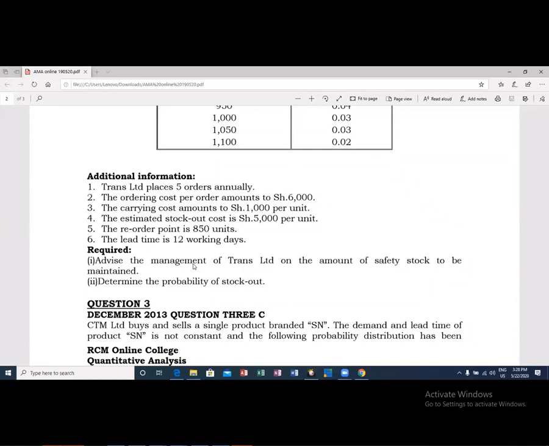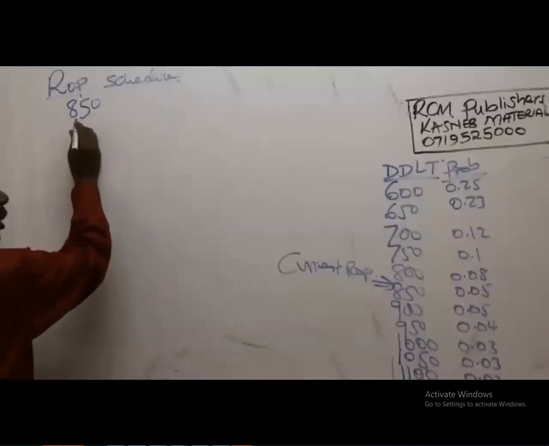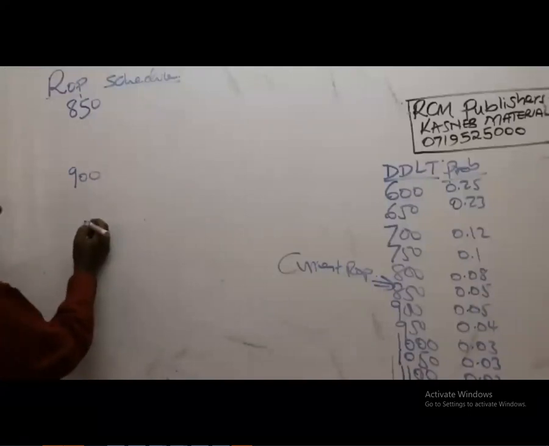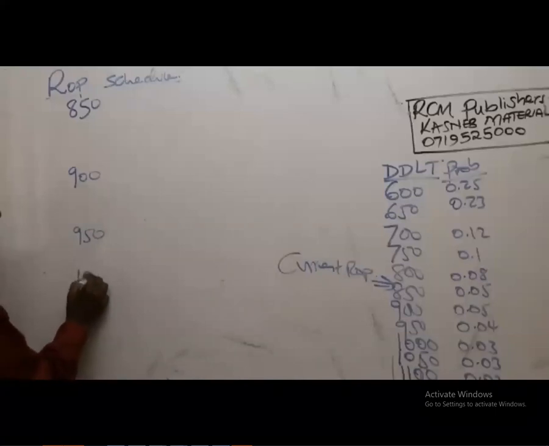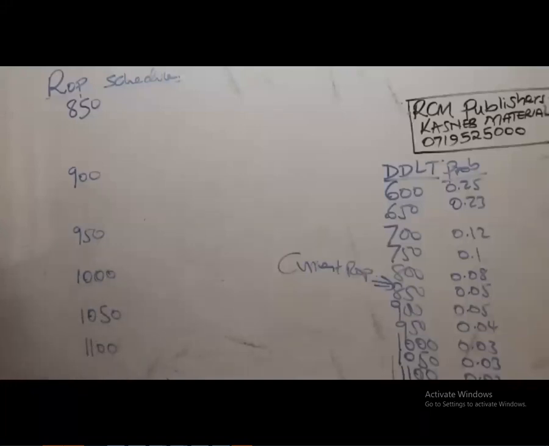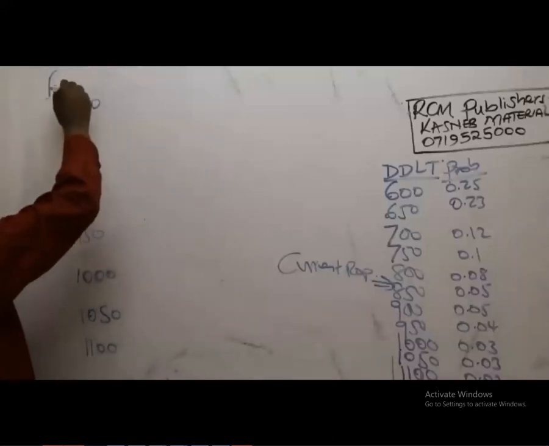So you're starting with 850, especially the first ones, please give them big space. The second one will be 900, give them big space. We have 950. As I go down, I can now reduce my spaces. We have 1,000, 1050, and then the last one, which is 1,100. This is the current ROP.